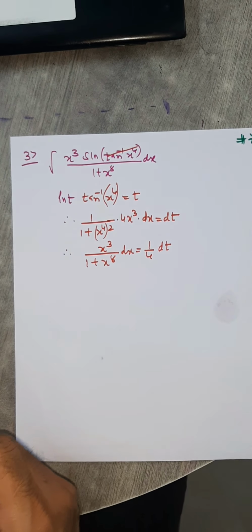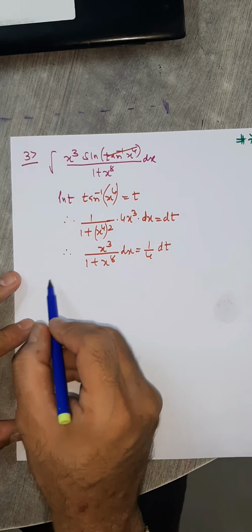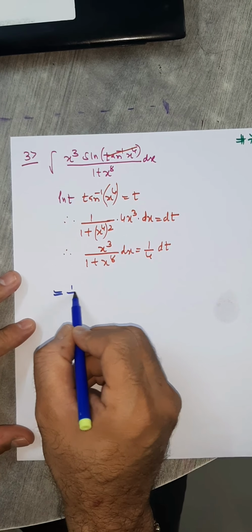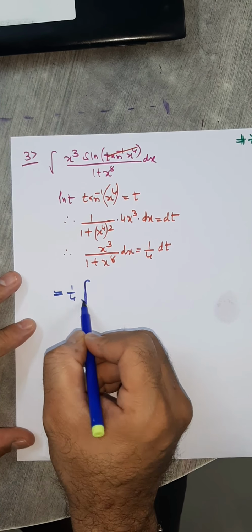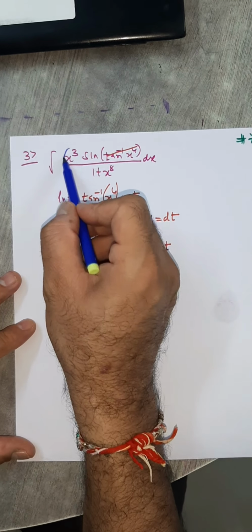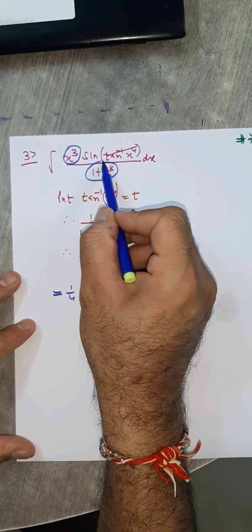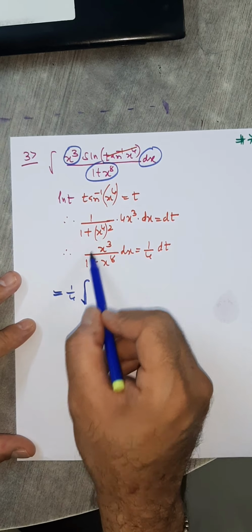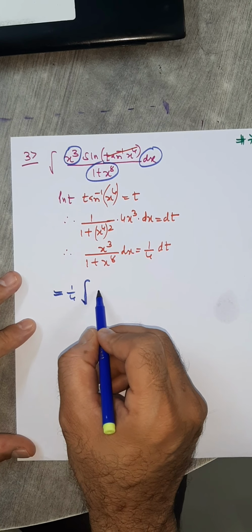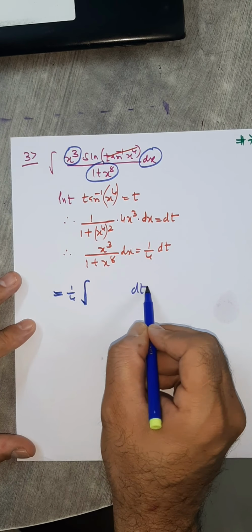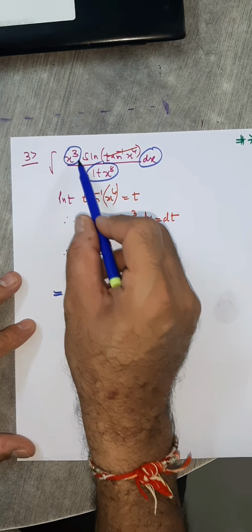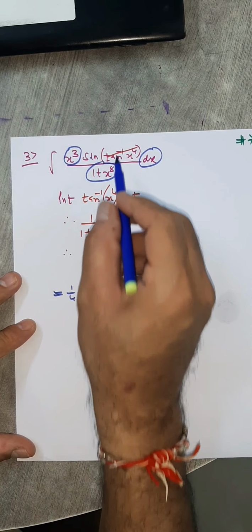Okay, so now the above integral is reduced to 1 upon 4, which I'll keep outside here. x cube upon 1 plus x raised to 8 dx, you can see that it is just 1 by 4 dt. So this is dt, which goes away with dx with x cube. This much is t.